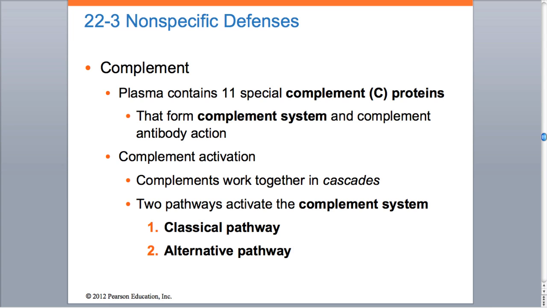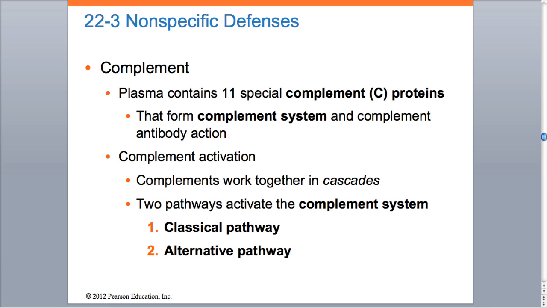The best way to understand this slide is to look at page 783 with me, and I'll be there as we go along as well. So again, what is a complement so far? It's a protein that covers the germ, right? And it makes it more susceptible and more visible to levels 2, 3, and 4. Again, it belongs to my level 1 because it's not specific.